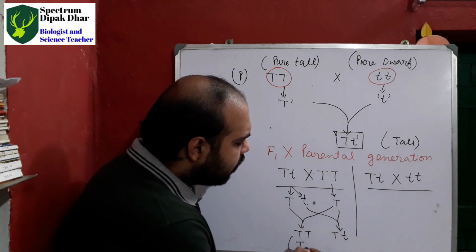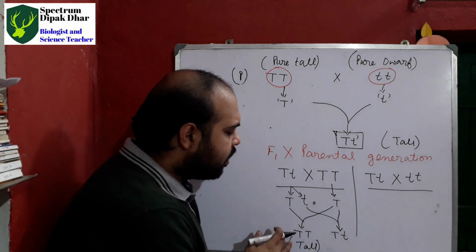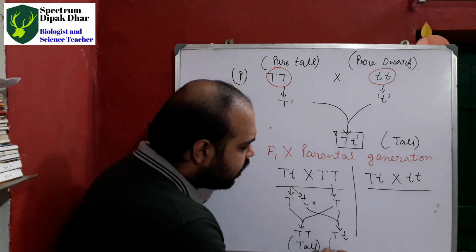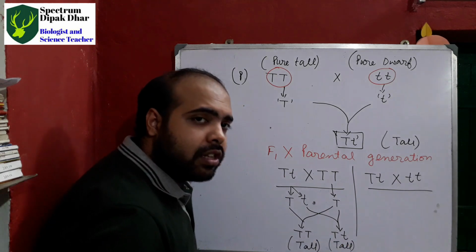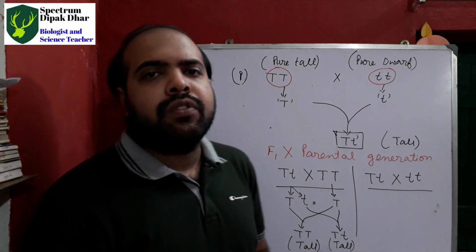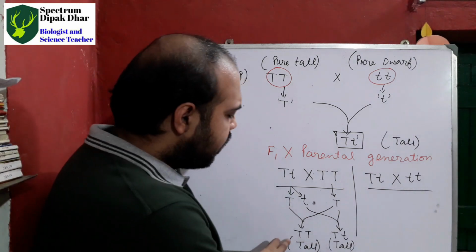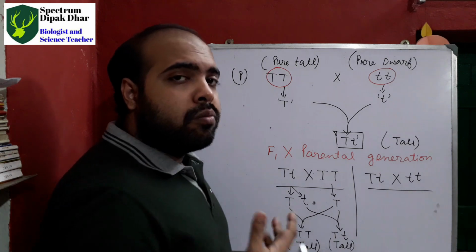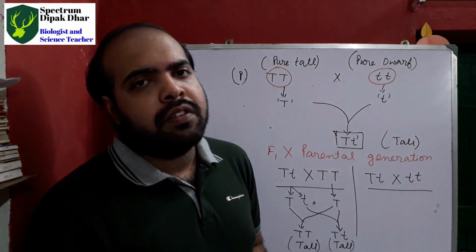Here all the plants will be tall, and here also all the plants will be tall, exactly the same as each other. The phenotype of these two plants is the same, but the genotype is not the same. Here the plant is homozygous and pure, and there the plant is heterozygous, that is hybrid.